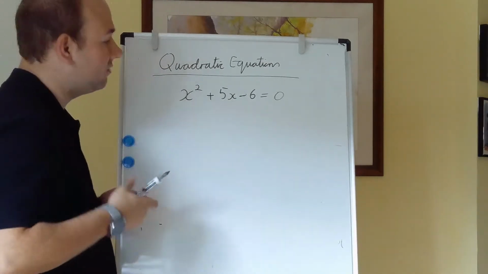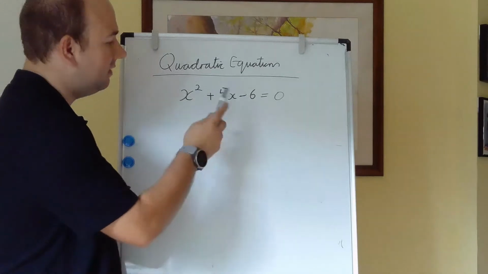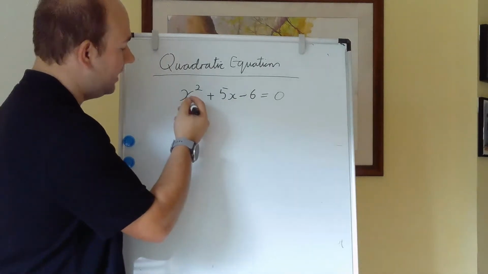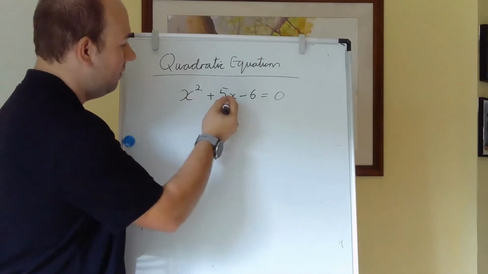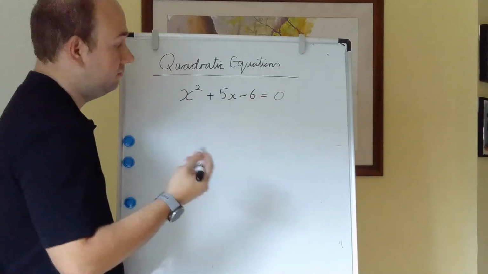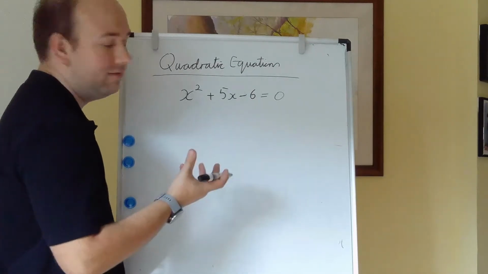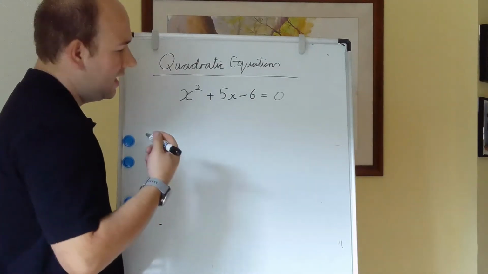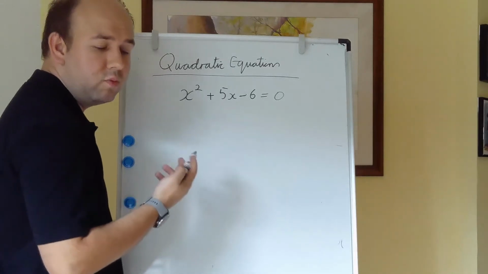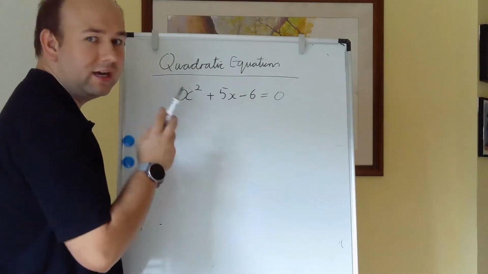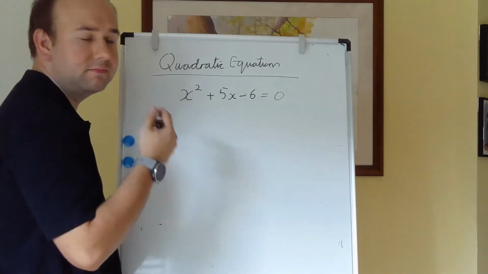So we could just start picking out random numbers. We could pick out 0, for instance, and if we put in 0, we end up with 0 plus 0 minus 6, which obviously does not equal 0. So what this means is we have to just try and guess an initial starting value.